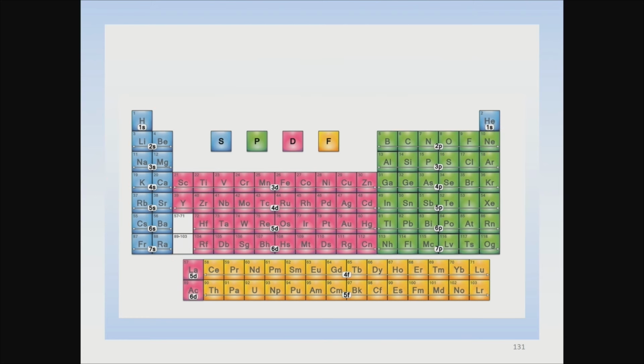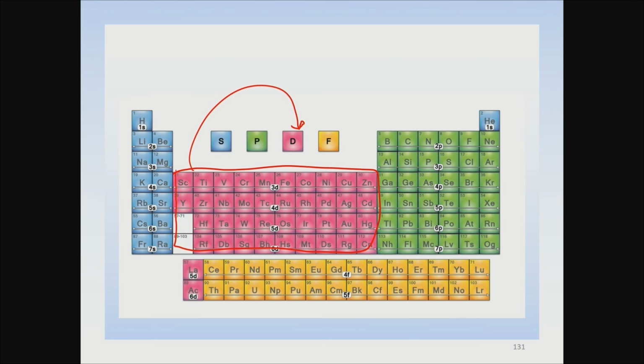Also, there are some other sublevel blocks you need to be aware of. These elements in red here are part of the d sublevel block, and so what you can imagine this means is that if you pick one of these elements in the block, when you're writing out its configuration, its last electron will go into a d sublevel of some energy level.